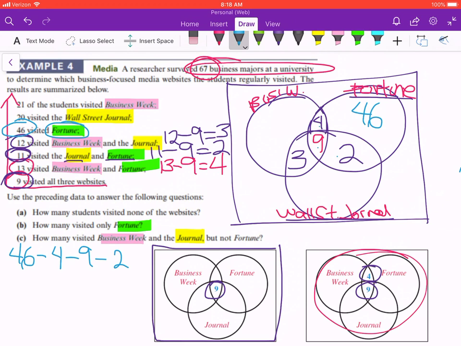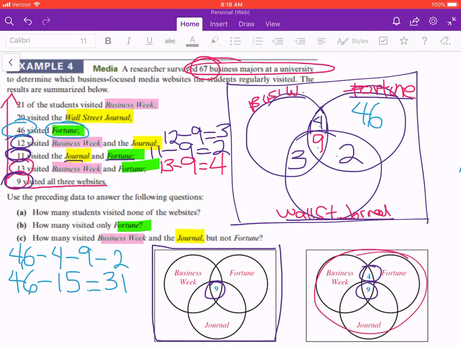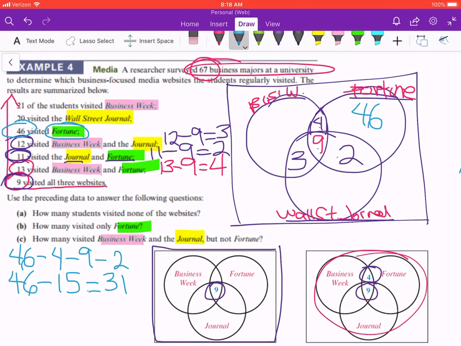And so this will become 46 minus 15, and that will give us 31. So the 31, instead of putting the whole 46 here, we must replace that with 31.